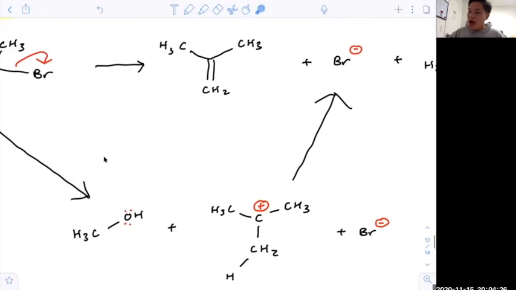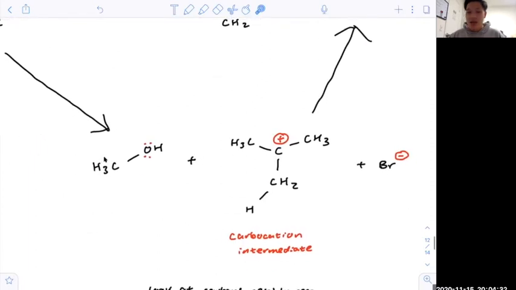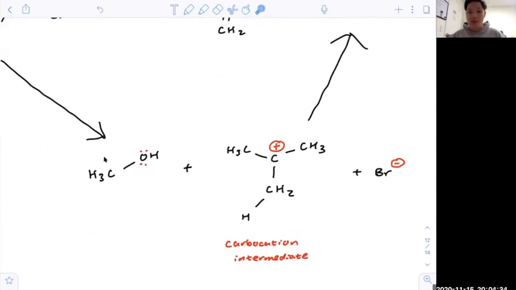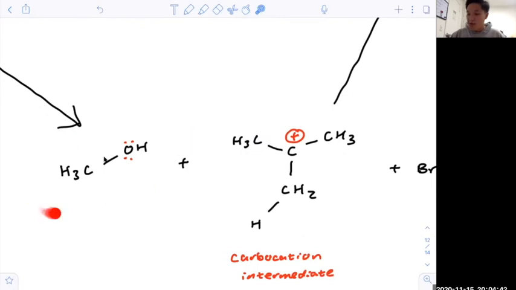So now, how do we form this double bond here? This is where the E1 occurs. This is where the elimination occurs. This is where a base and acid reaction occurs. So we have a Bronsted-Lowry base right here, which can accept a proton, and we also have a Bronsted-Lowry acid right here, which can donate a proton, right?